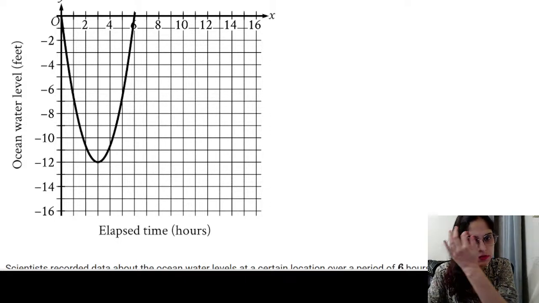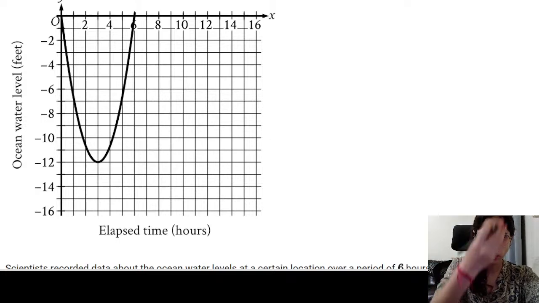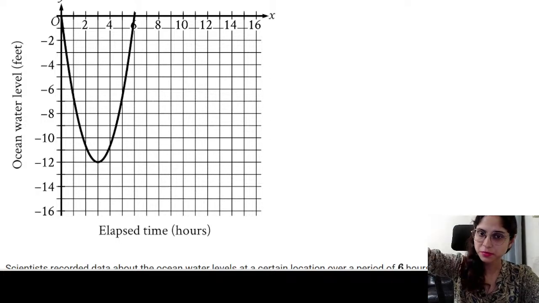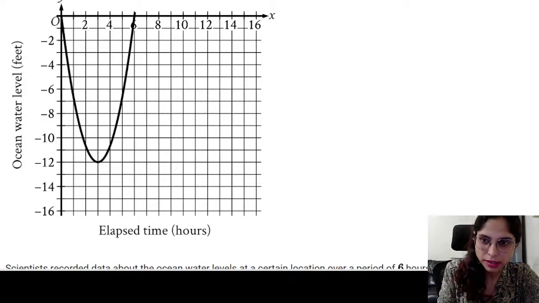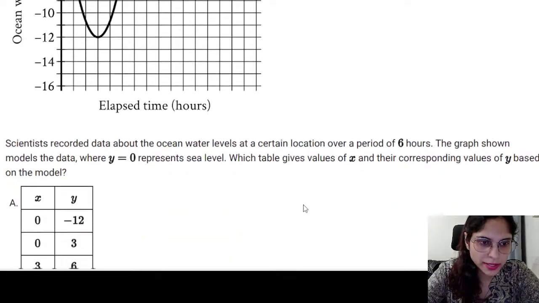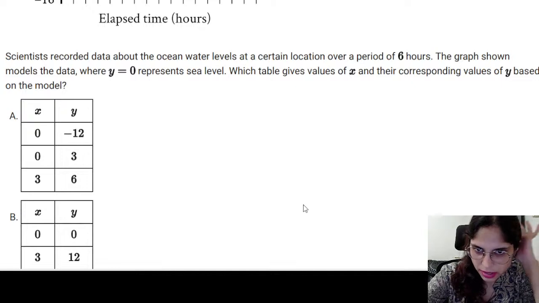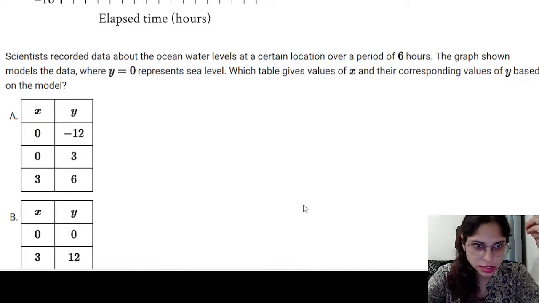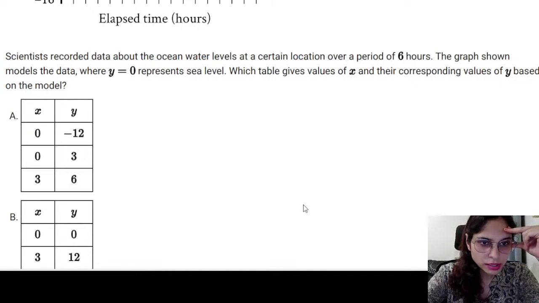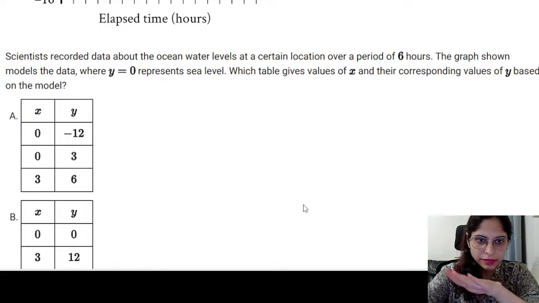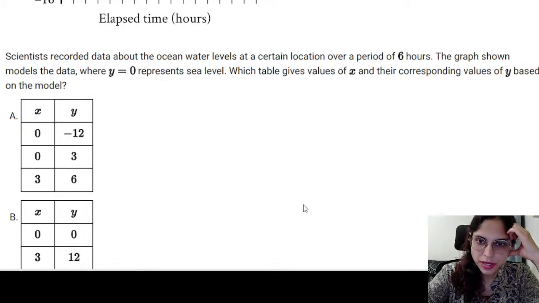So there is ocean water level and there is elapsed time. So water level is going down and then it is coming back again. Okay, now see what the question is saying. Scientists recorded data about ocean water levels at a certain location over a period of 6 hours. The graph shown models the data where y equals 0 represents the sea level. Okay, fine. Which table gives values of x and their corresponding values of y based on the model?